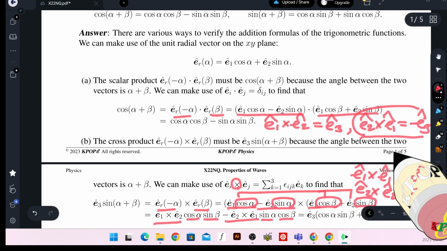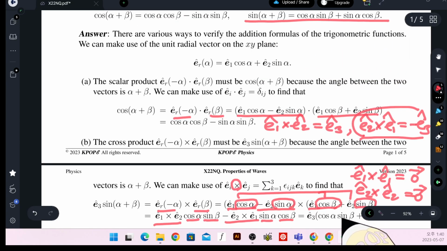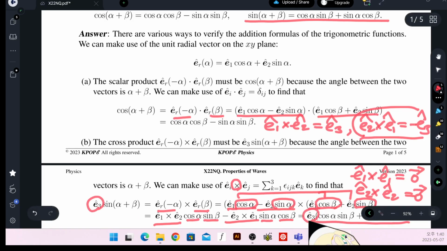You can find this formula with positive sign. This one, cosine alpha sine beta plus sine alpha cosine beta, is reproduced if I remove the common factors.